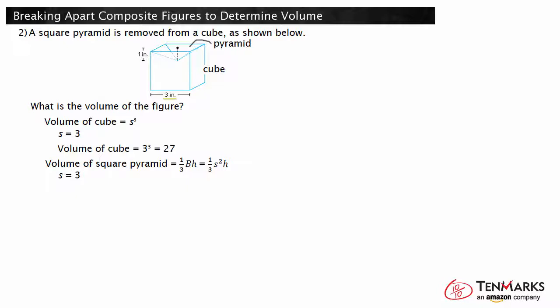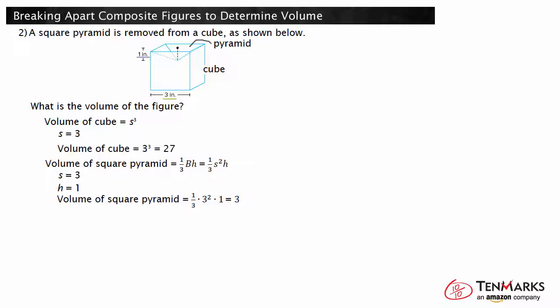The height of the pyramid is given as 1 inch, so h is 1. Substituting 3 for s and 1 for h into the formula for the volume gives 1/3 times 3 squared times 1. Simplifying gives 3, so the volume of the pyramid is 3 cubic inches.